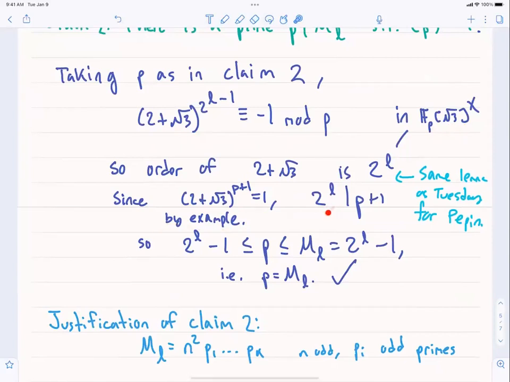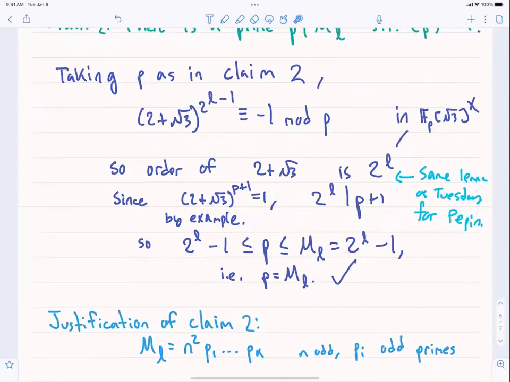And so I get that 2 to the L divides p plus 1, just because the order of this element is 2 to the L, and if I raise it to any other power and get 1, then 2 to the L has to divide that power. So 2 to the L is less than or equal to p plus 1, so 2 to the L minus 1 is less than or equal to p, which by assumption is less than or equal to M_L, which is 2 to the L minus 1.